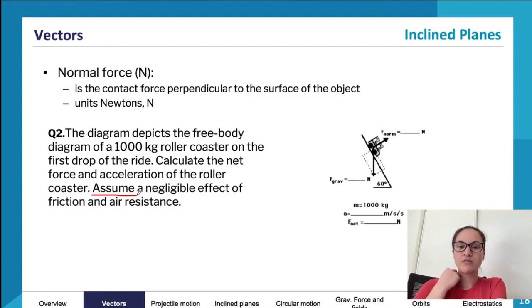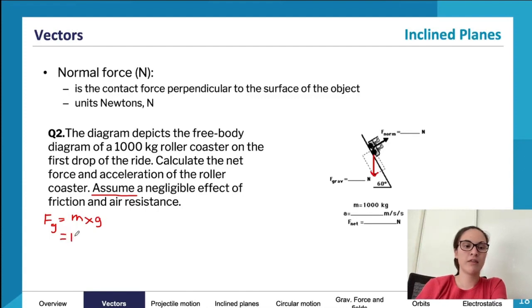So first things first, we are going to calculate the force due to gravity, so this bit here. And the way to calculate that is by writing F, force due to gravity, is equal to mass times gravity. And like I said earlier, the way to calculate that is our mass.